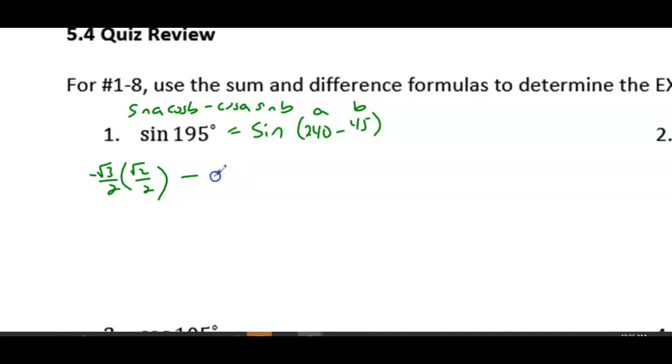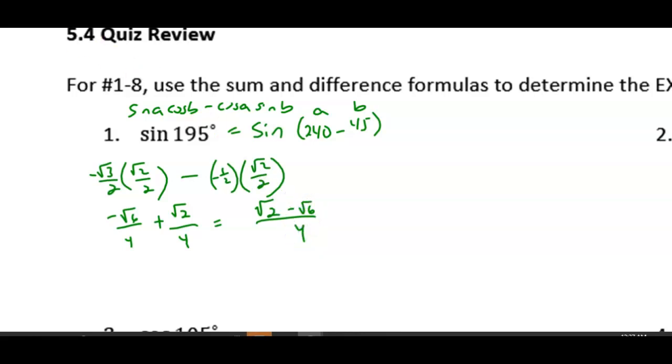Cosine of 240 is negative 1/2, and sine of 45 is radical 2/2. Multiplying this out, that's negative radical 6/4. There's only one negative over here, so that's a plus radical 2/4, which is radical 2 minus radical 6 over 4.